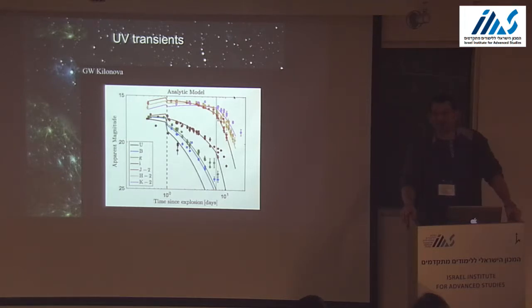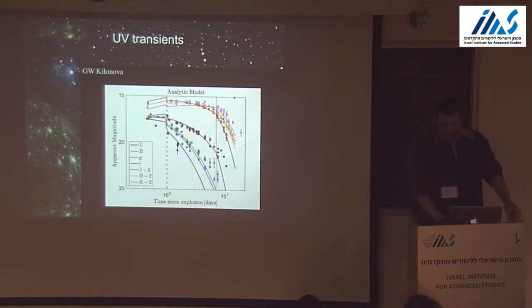Because we don't have a record of the first few hours, we don't really know, but I think every reasonable assumption leads to the fact that initially it probably was dominated by the UV. When we first detected it, the UV was more or less comparable to optical, but I think it was certainly hotter in the first few hours. So at least based on this one event, GW kilonovae are UV transients.